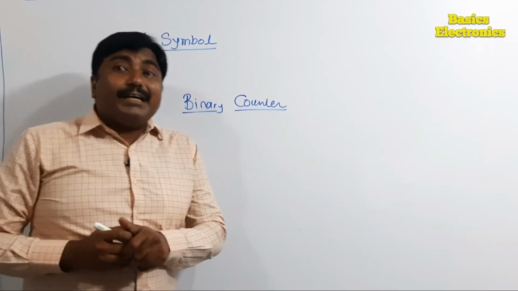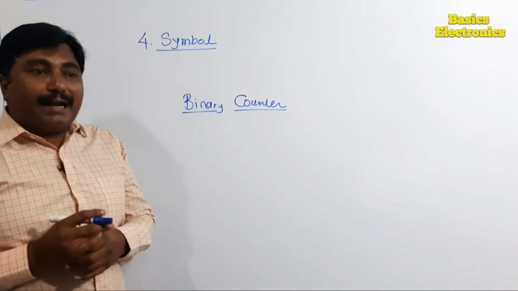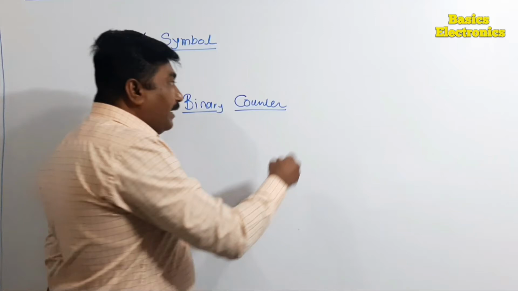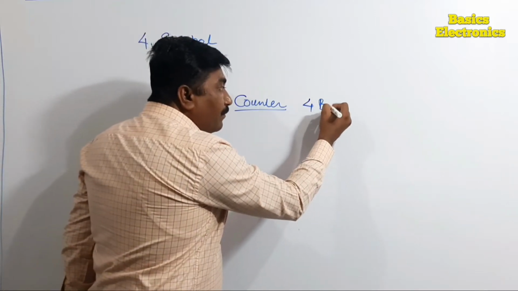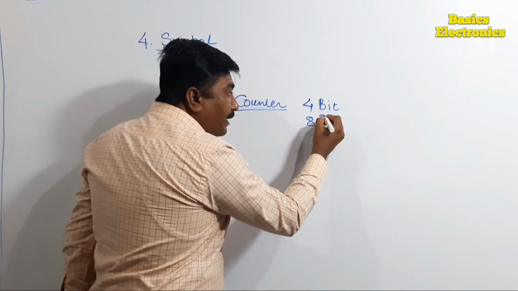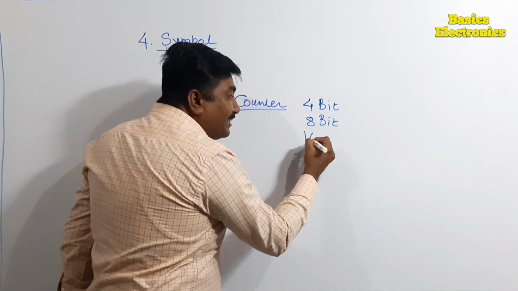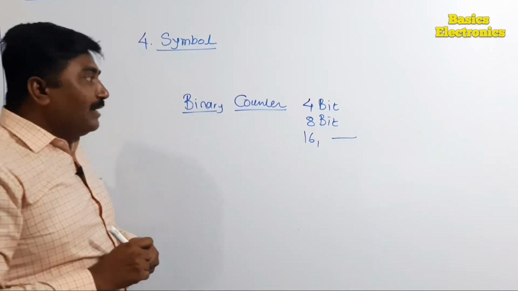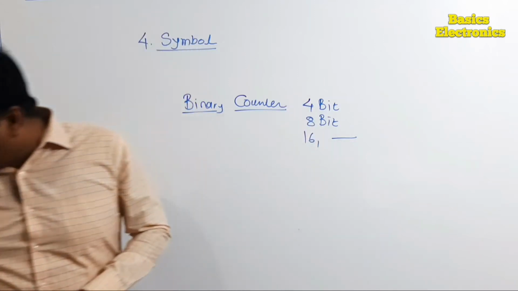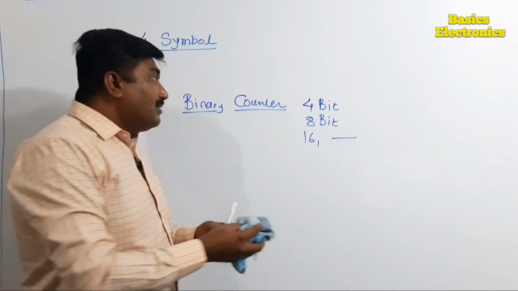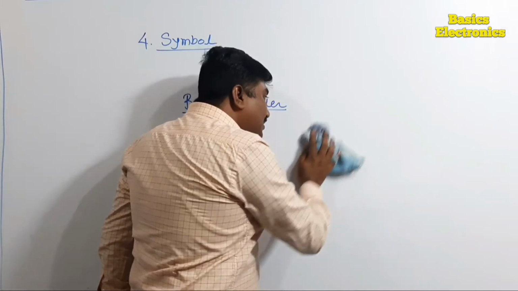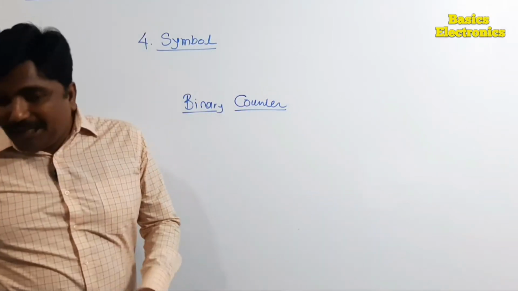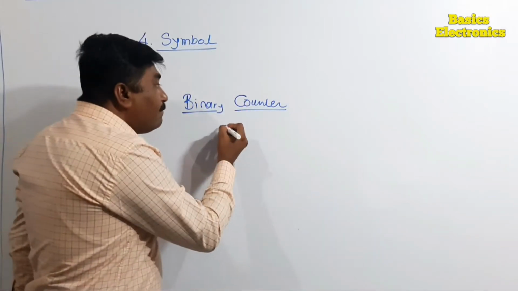Now the binary number system can be represented by using 4-bit or 8-bit or 16-bit and so on. We consider only the 4-bit.